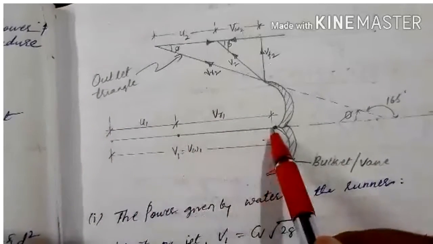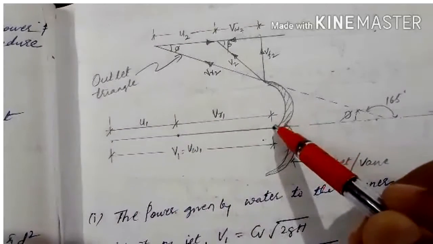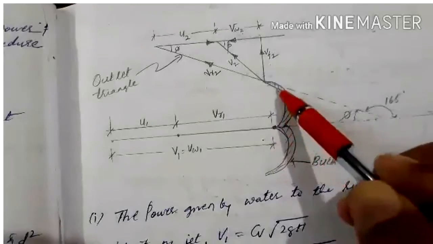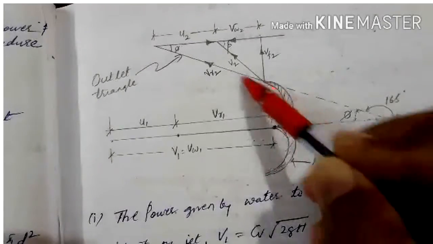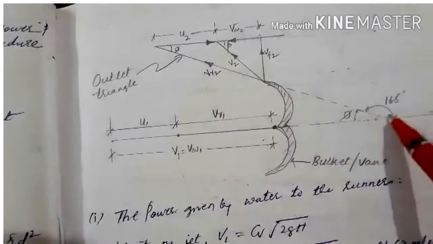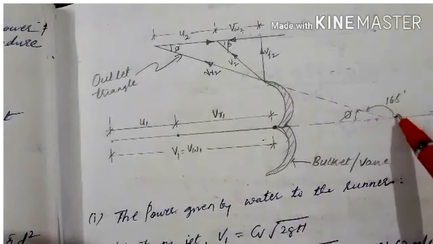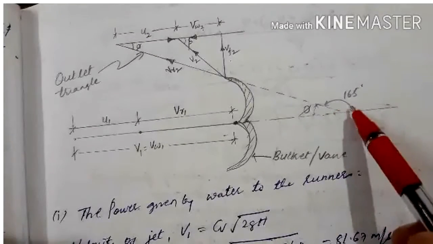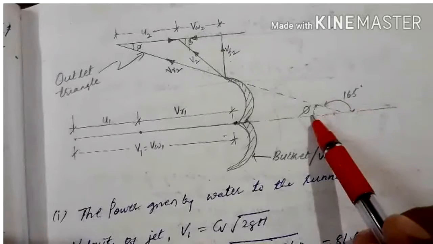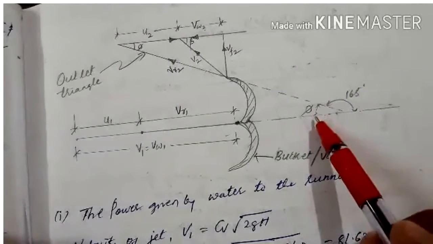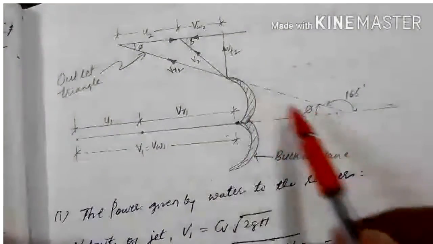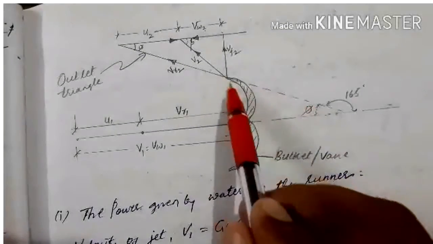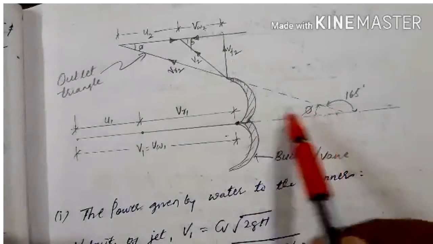Once the jet strikes, the water glides over the surface of the bucket like this, and then it exits. The angle of deflection is represented as 165 degree, as given. The total angle is 180, so 180 minus 165 gives phi, the vane angle at outlet, that is 15 degree.